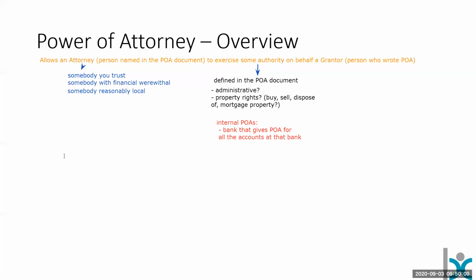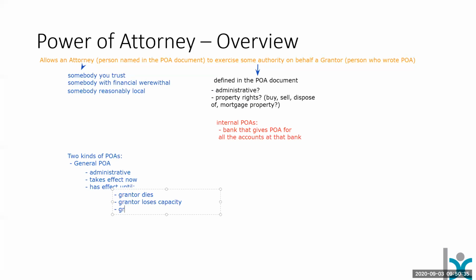Now, generally speaking, we have two kinds of POAs. We have the general power of attorney, and this is just administrative, and we talked about this once before. It basically takes effect now and has effect until any of several things happen. The grantor dies, that's going to end this document. The grantor loses capacity, although I'll talk about the exceptions to that in a moment.